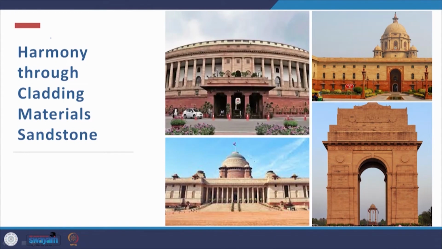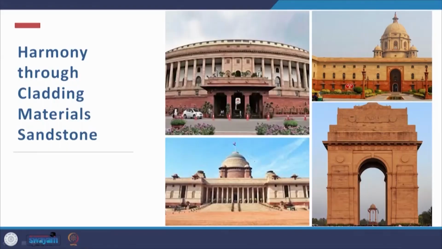Now there is another way in which we harmonize architecture, particularly in urban design and city planning, and that is through the harmony of cladding materials. Now the Parliament building is circular, the Secretariat building, the Rashtrapati Bhavan, big neoclassical monumental scale buildings, India Gate itself has its language, all of them are neoclassical.